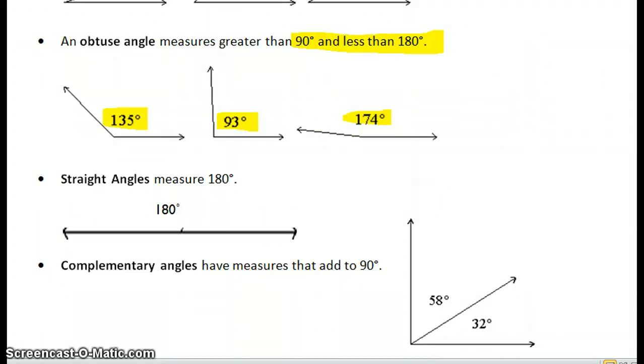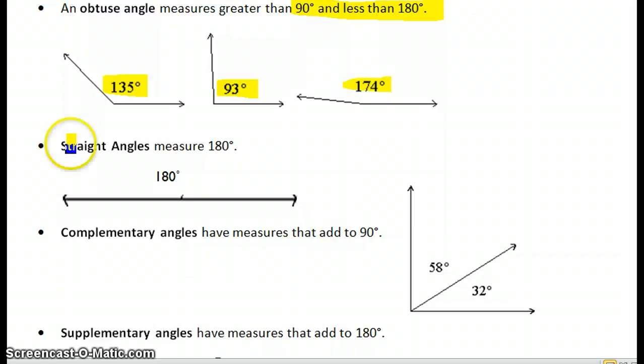And 174 is more than 90 but less than 180. It has to be less than 180 because our straight angles measure exactly 180. That is our straight line that goes forever in both directions.